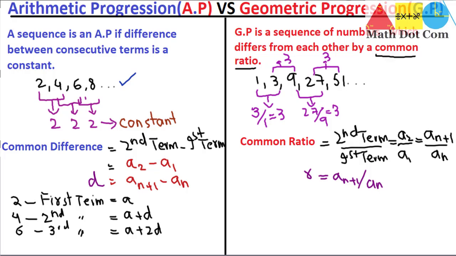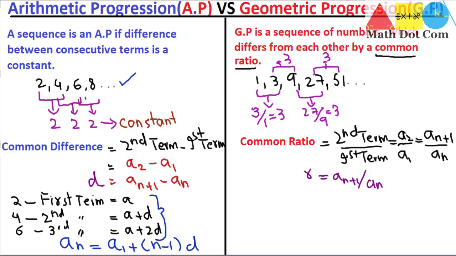So if we devise a generic form, we can say that for the general form we always have a term with n. Whenever we talk about the general term, we must represent it by n. So a_n is equal to a_1 plus (n minus 1)d. Here d is the common difference, and what is n minus 1?